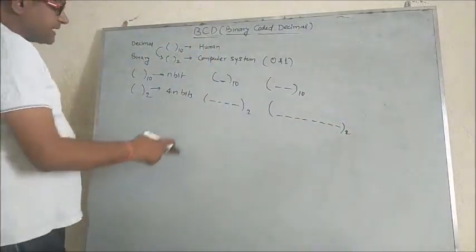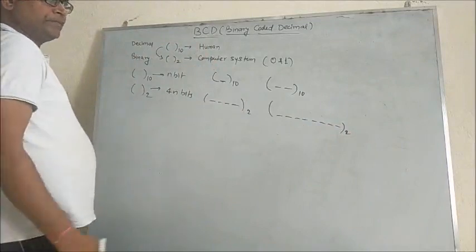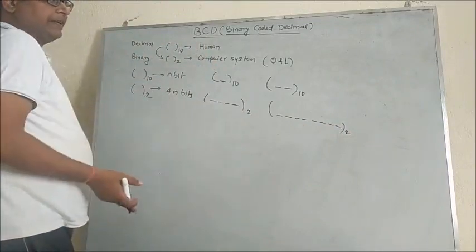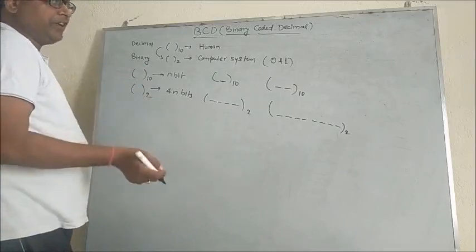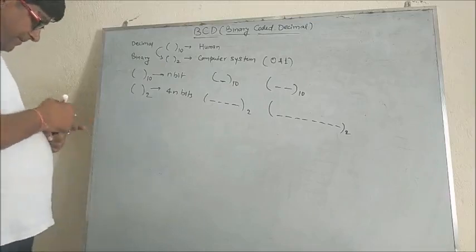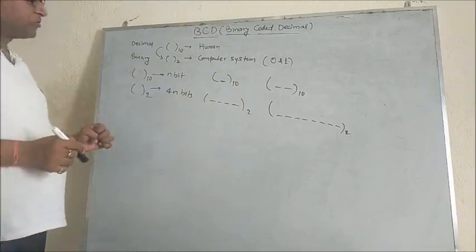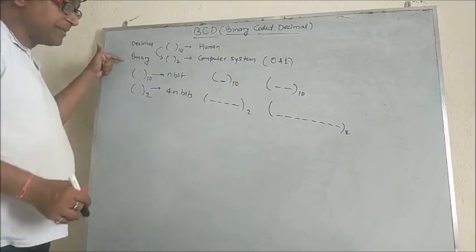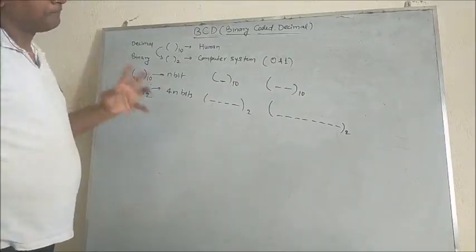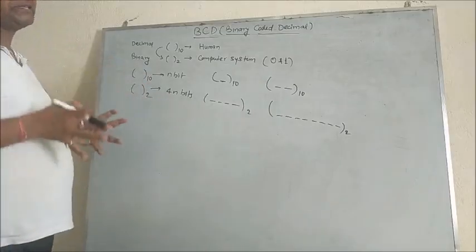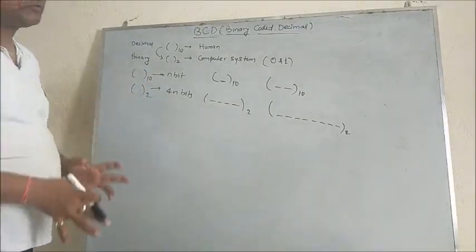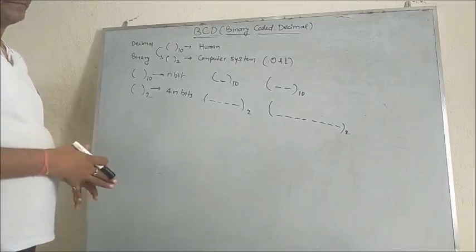So I am explaining these two things by taking some examples, and then I will give a comparison because of a confusion which may always occur in students' minds. आज के लेक्चर में मैं आपको ये बताने की कोशिश करूंगा कि किसी भी डेसिमल का बीसीडी कोड क्या होता है और किसी भी डेसिमल का बाइनरी इक्विवेलेंट क्या होता है. Please make sure that BCD is not equal to the binary equivalent.